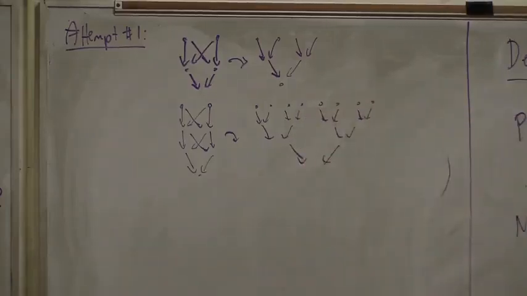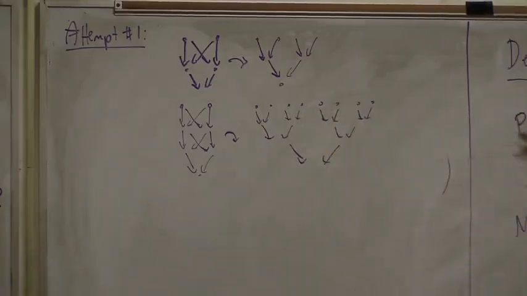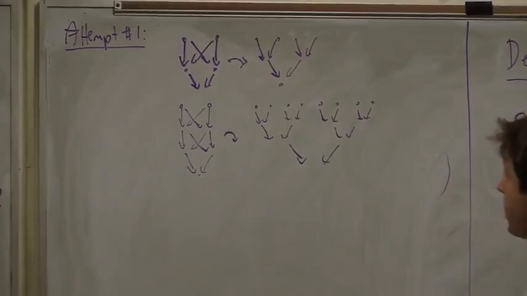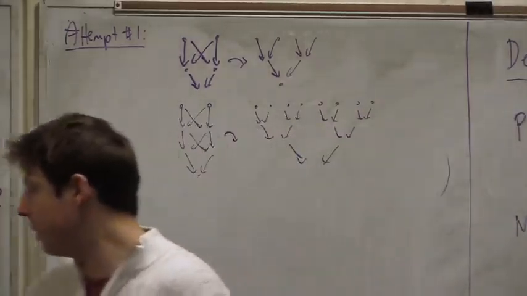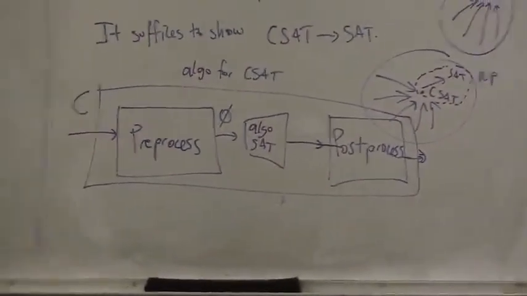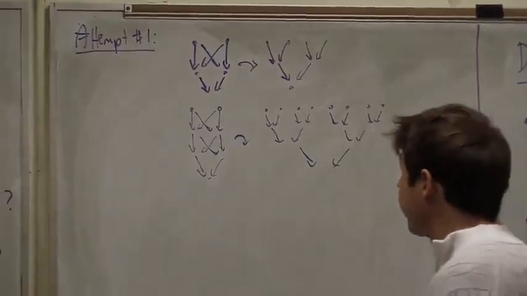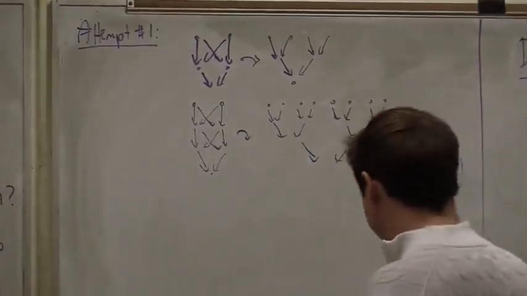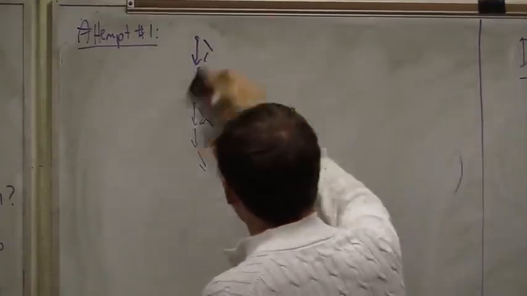If you continue this example, this transformation of opening up the DAG in a naive way into a formula is actually an exponential blow-up. And we cannot afford that, right? Because remember that the pre-processing algorithm has to be efficient. So we're going to be doing something else instead. We cannot just literally open this up into a formula. I'm going to erase this because this was just an attempt.